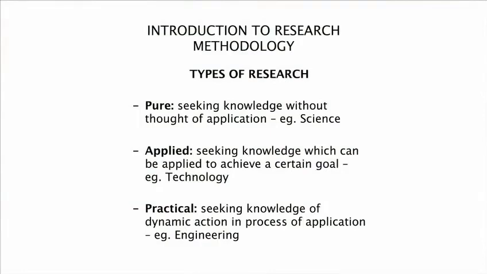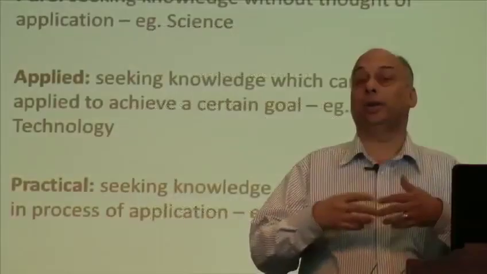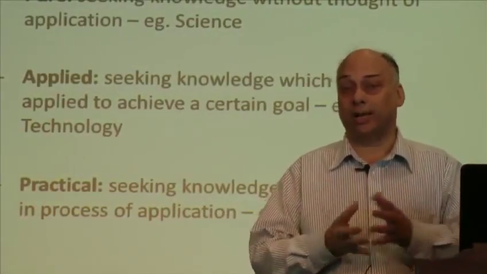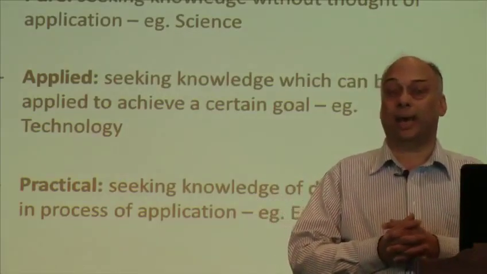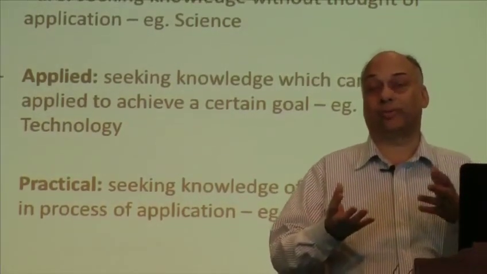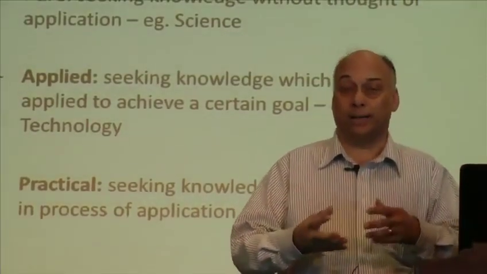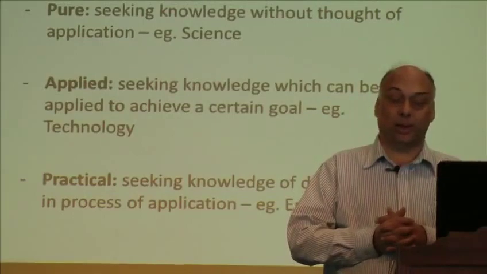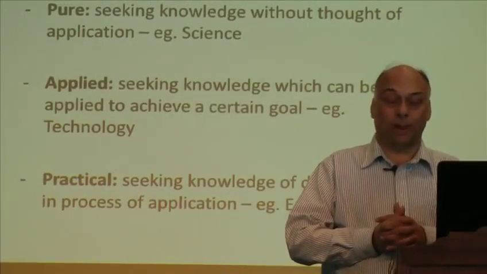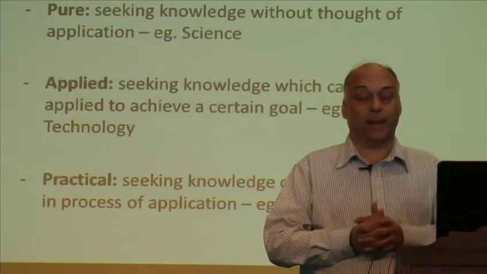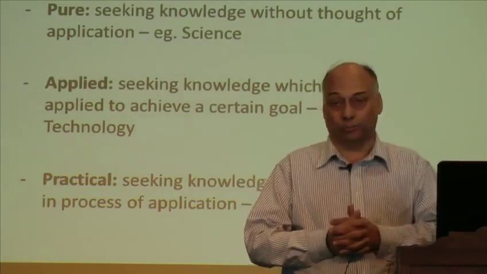And if we want to better the world we live in or apply our knowledge in certain ways, we need to enter into an understanding of how things relate and how we can structure or use the structure of things to modify them, make them better. And that kind of knowledge is called applied knowledge. Applied knowledge is a seeking of knowledge which can be applied to achieve a certain goal.